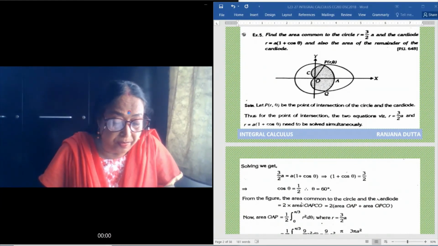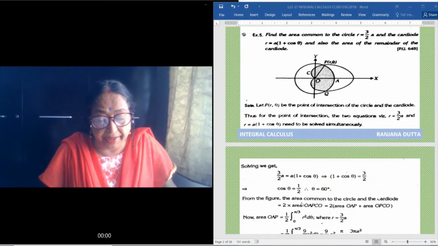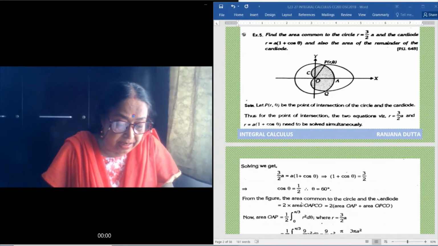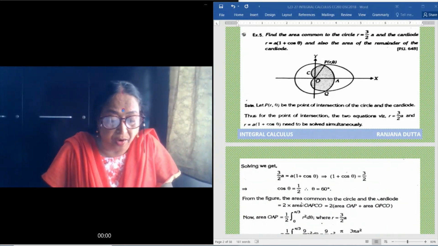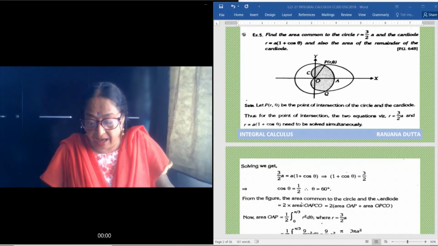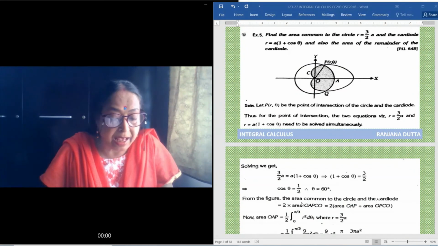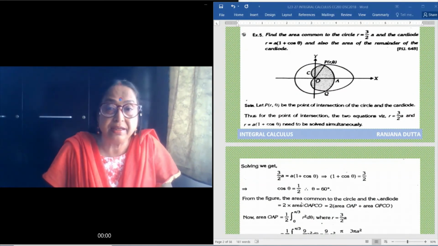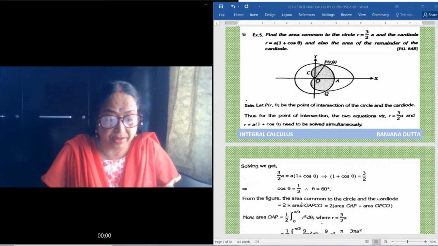Now the polar form of finding the area is equal to half of r square into d theta, where r is the radius vector and theta is the angle.